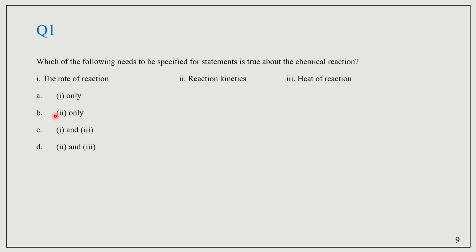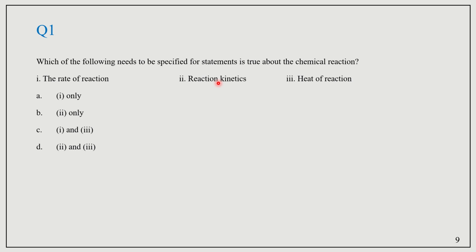So we need not specify the rate of reaction, because first we do not know it, and second it will vary with time or position. So rate of reaction we need not specify. Second one, reaction kinetics, we need to specify, because only then can we know about the conversion. Reaction kinetics will include things like stoichiometric coefficients. And third one is heat of reaction. Again, we need to know the heat of reaction.